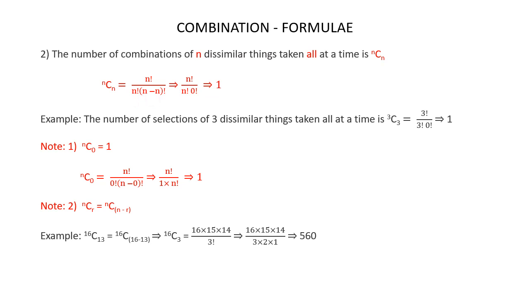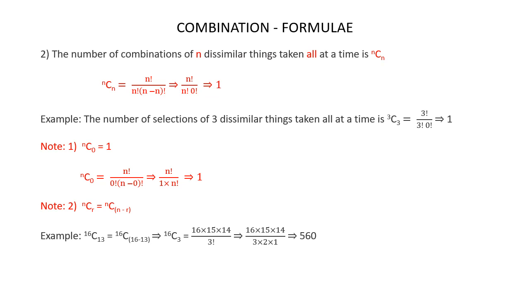N minus n factorial is 0 factorial. So now we have n factorial divided by n factorial multiplied by 0 factorial. The n factorial in the numerator and n factorial in the denominator gets cancelled out. We know that 0 factorial is 1. So the final answer is 1.